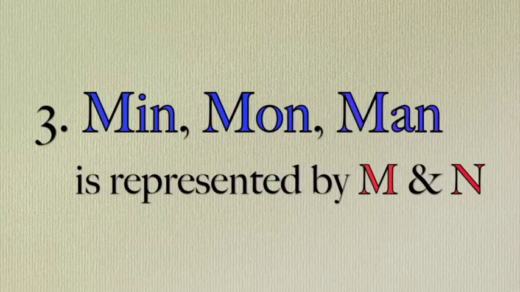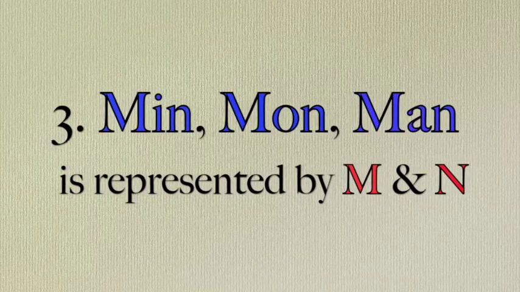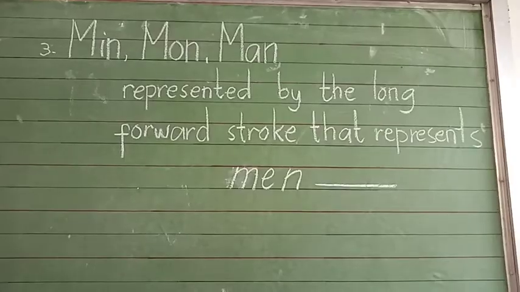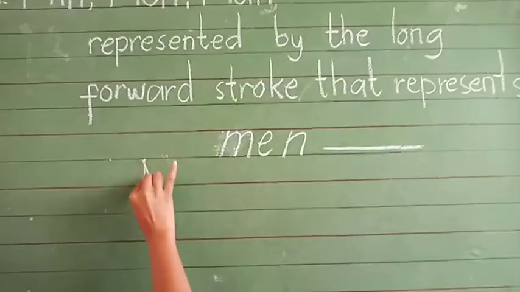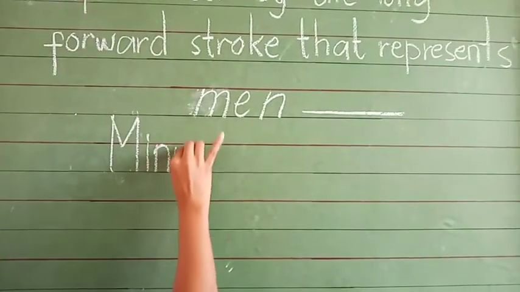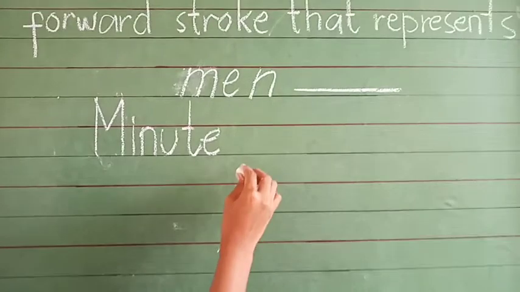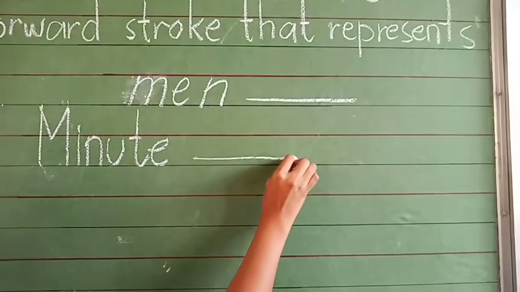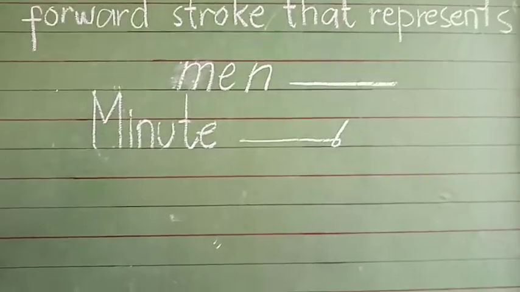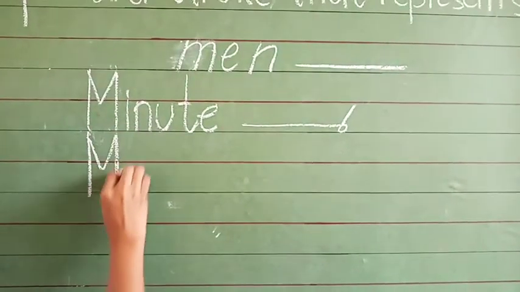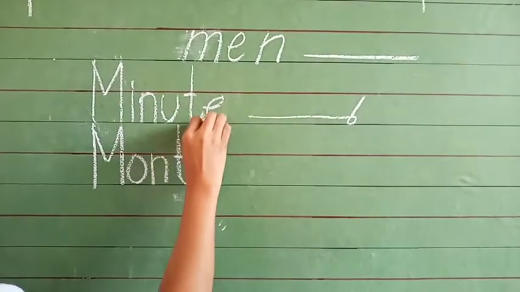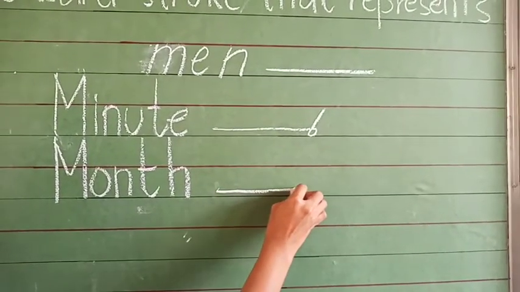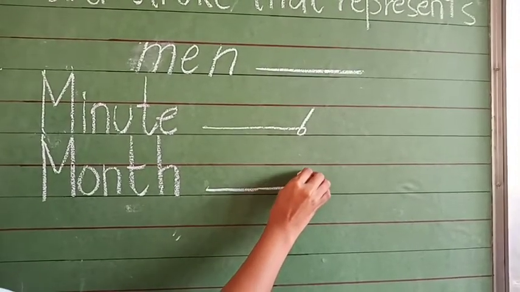In principle number 3, we have min, mon, and man, also represented by the long forward stroke that represents men. For example, minute is represented by M, N, E, and T. Month is represented by M, N, and under ITH.